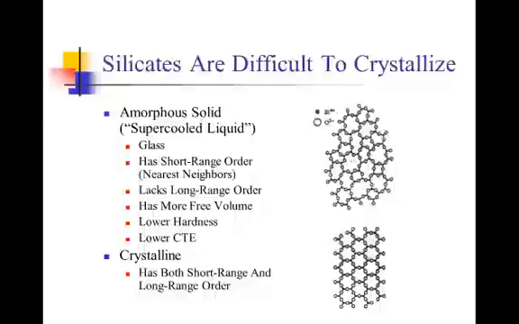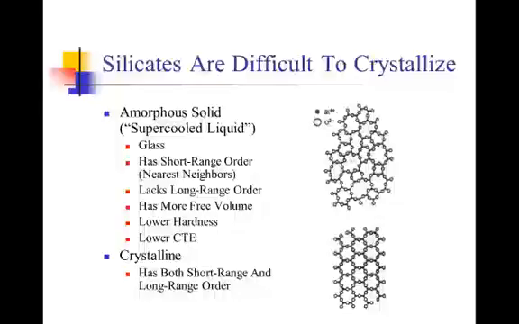However, if we have silicon in a ceramic, then it has a very complex structure, and in a complex structure it's more difficult for the atoms or ions to all get into their proper places upon cooling to form a crystal.